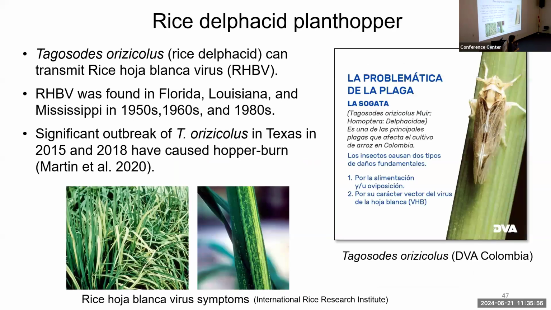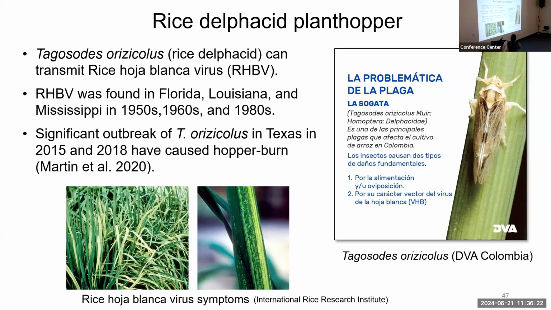What is important to know is that this can act as a vector for rice hoja blanca virus. So they can directly feed on rice, and when the population is high, they can cause hopper burn, which is a huge problem. And if we have the virus present, they can also transmit the virus. Then it will cause bigger problems in the field.